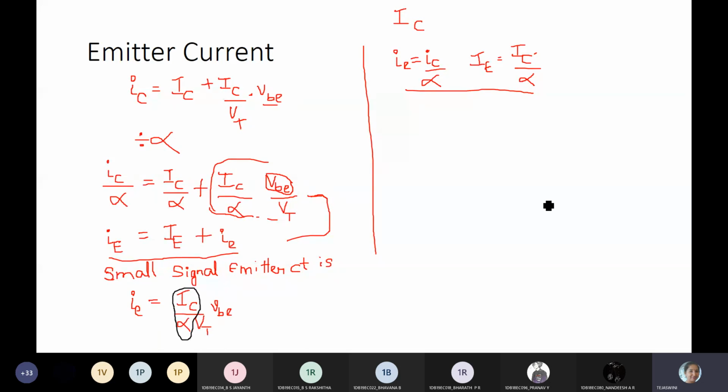Notation again: small e or capital E? Capital E. IE is equal to capital IE. Then what is left out is into VB, so IE by VT into VBE.